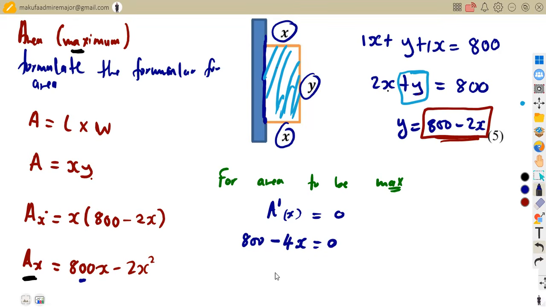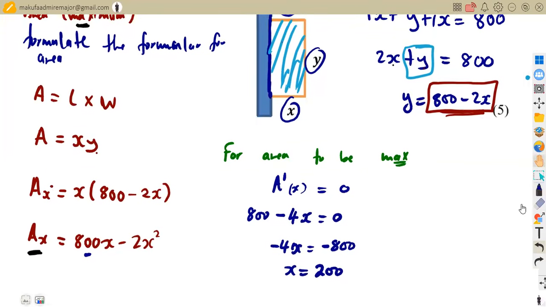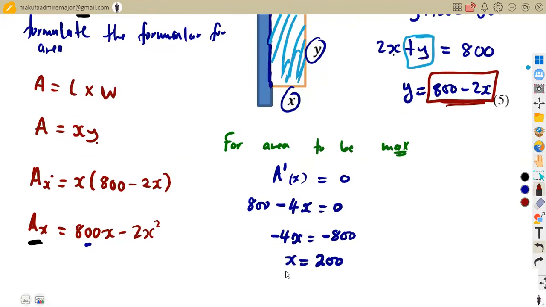So from this part, we can calculate: minus 4x is going to be equal to minus 800. You divide by negative 4. So that means we are going to obtain our x as 200 in this case. Having the value of x, remember we need the area. We take this value of x and substitute it into this equation where we have already made y the subject of the formula.